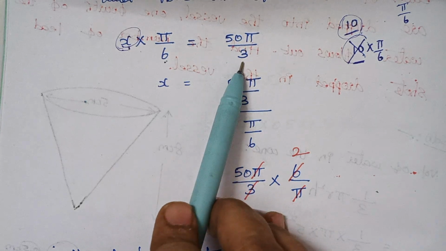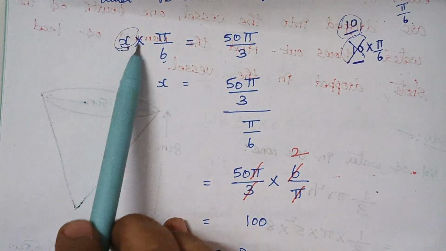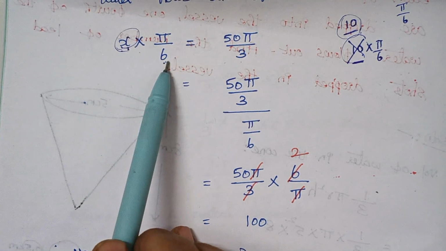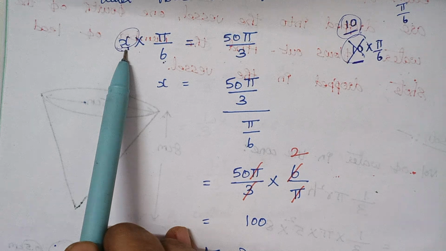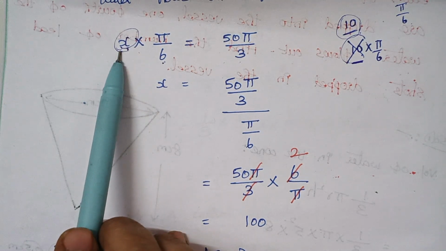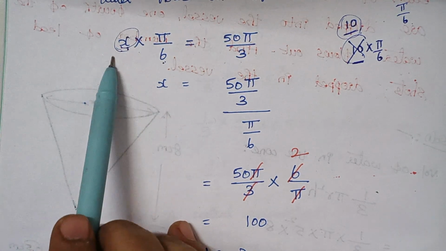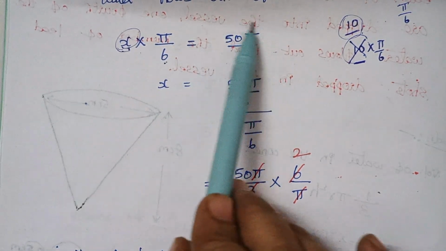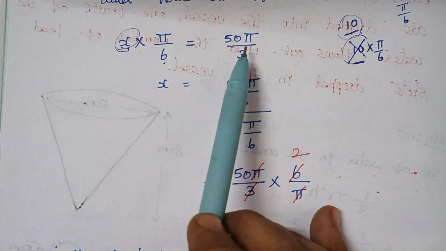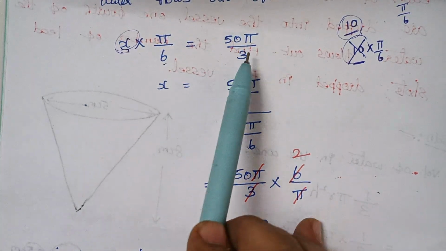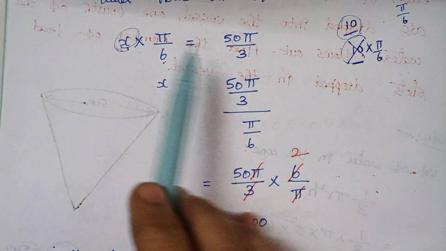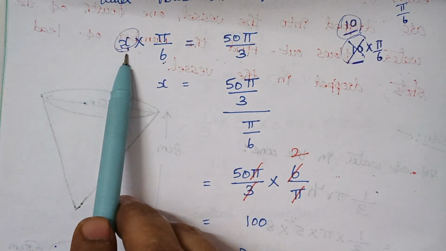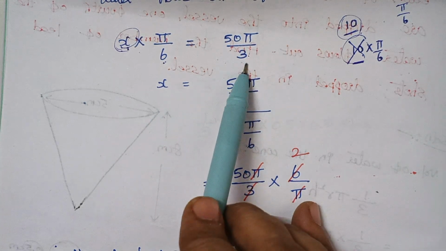So this is the volume of the water that flows out, which is equal to 50 into pi by 3. We are dropping some lead shots, and the volume of one lead shot is pi by 6. We don't know how many lead shots we are dropping, so we keep it as x. When you drop these lead shots, 1 by 4th of the water flows out. So we can easily calculate the value of x. x is equal to 50 pi by 3.